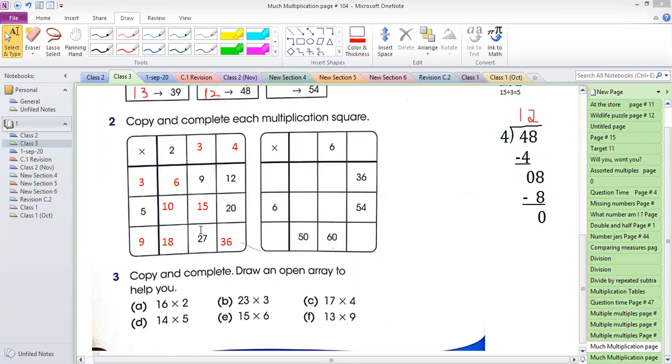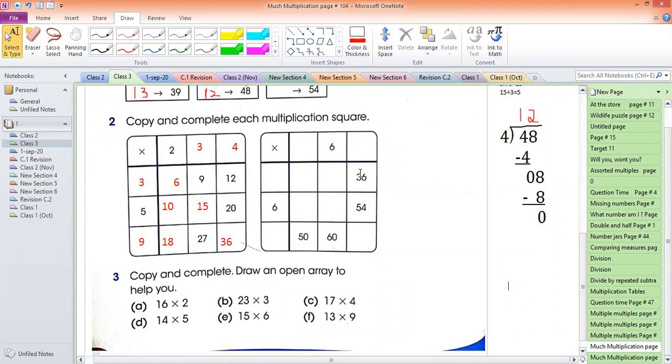We know only 27 here and 3 here. If we divide 27 by 3, we get 9. What number should you multiply by 3 to get 27? That is 9. Then multiply this 9 by 2, 18. 9 by 3, and 9 by 4 equals 36. In that way, you have to do it. Coming to the next multiplication square, guys.